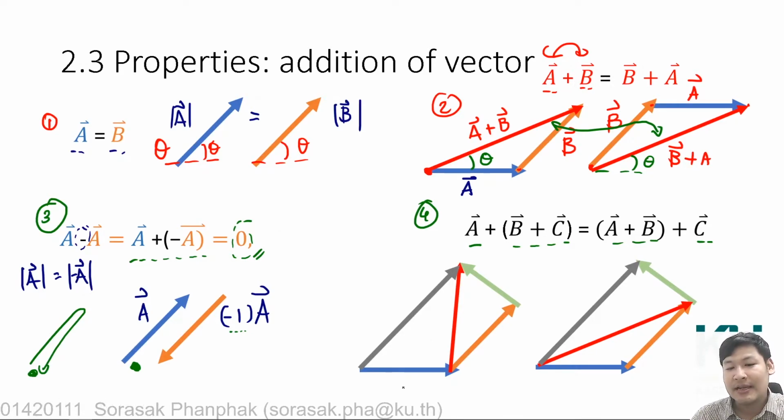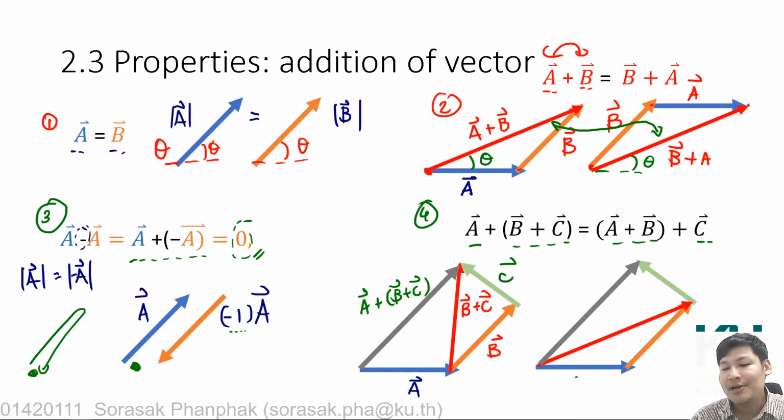If you represent the blue one as A, the orange one as B, and the green one as C, what you see here, the red line is the resultant between B and C. This means you group up B and C first, and then you plus with A. So A plus (B and C), you get the gray one as A plus B plus C.